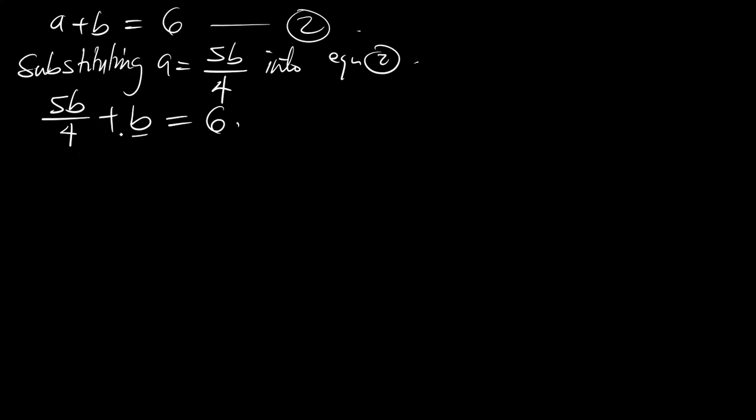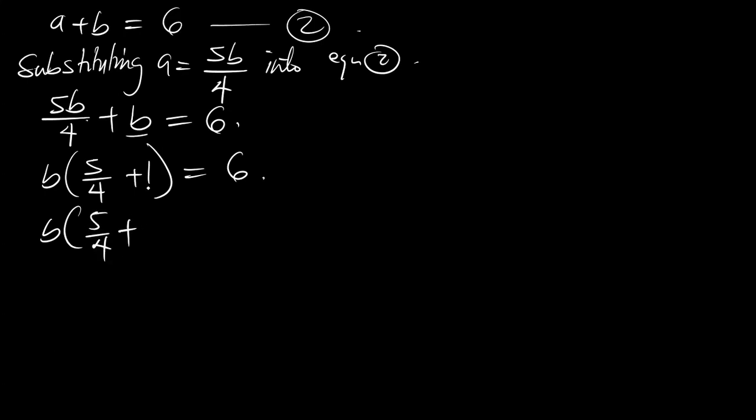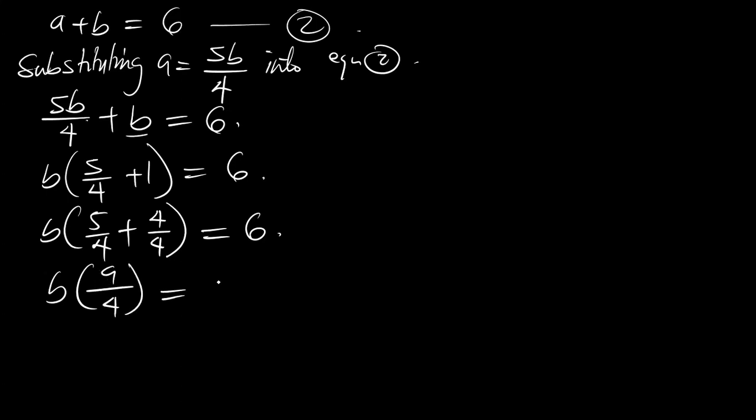So B is common, factor it out, you now have 5 all over 4 plus 1 into 6. So B will now be 5 all over 4 plus 4 divided by 4. What I did is to make the LCM the same, so I can add the numerator. So now B times 9 all over 4 is equal to 6.